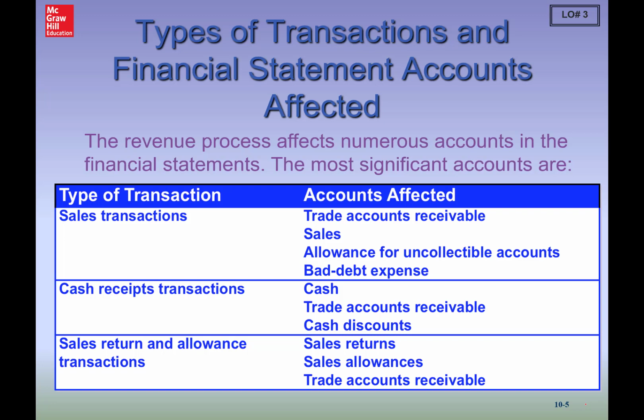Minus 10,000. That gives me the net, not the net allowance, the net accounts receivable. I was making numbers hard on myself. 990,000. Is that right?